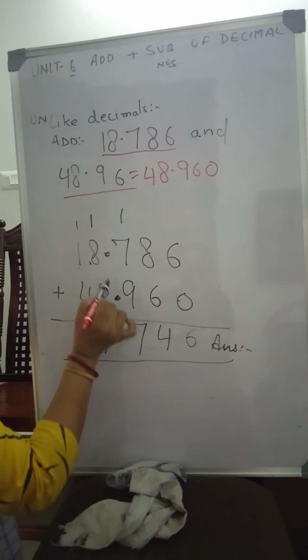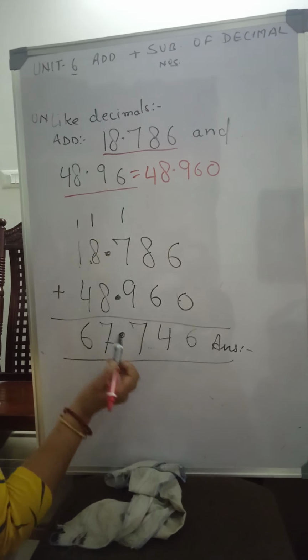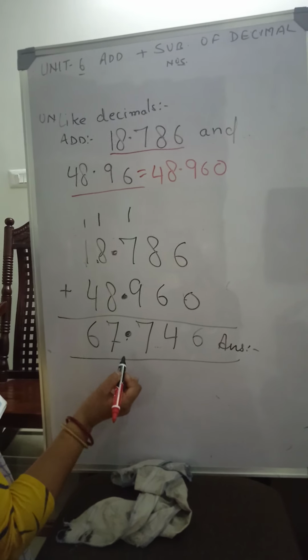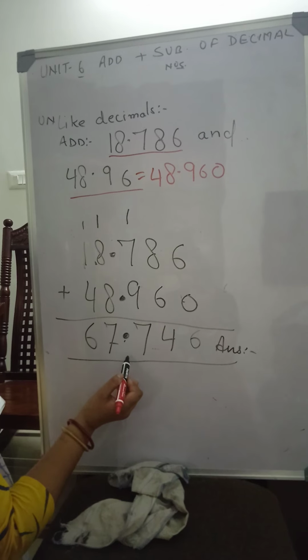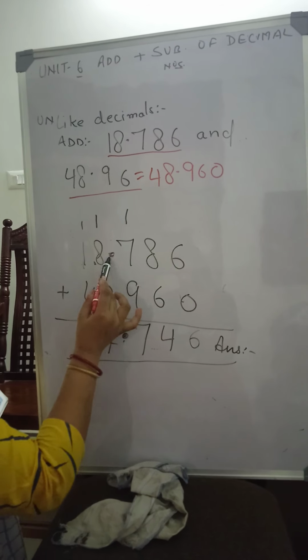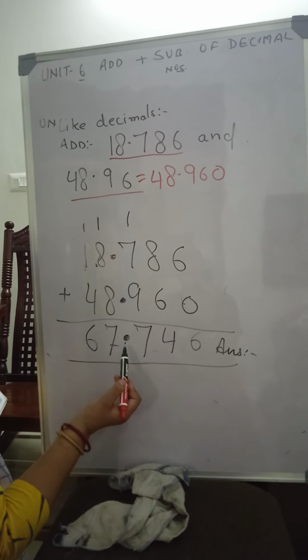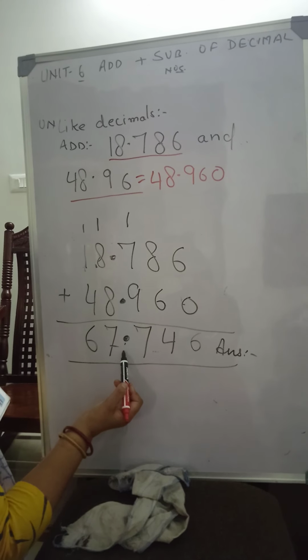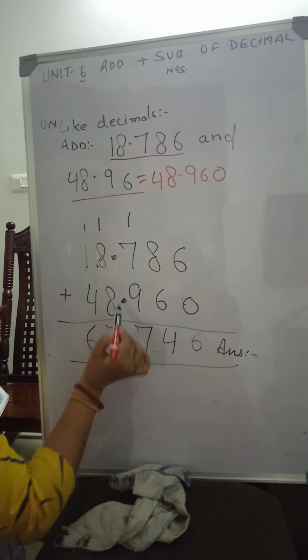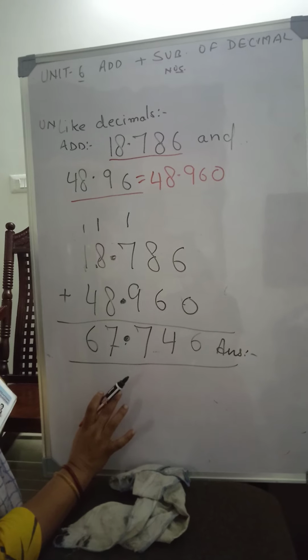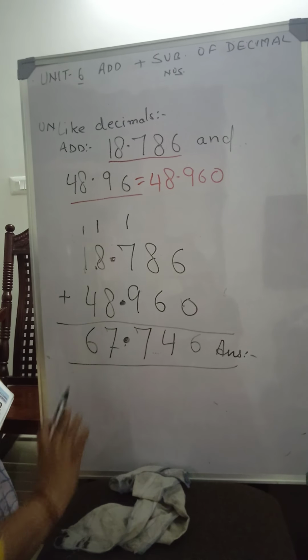When the addends have decimals, you have to place the decimal point in the sum also, right? If the addends have the decimal, then the sum will also have the decimal, and the decimal points should follow one after another. Okay?